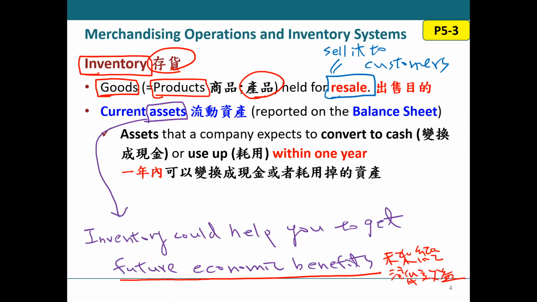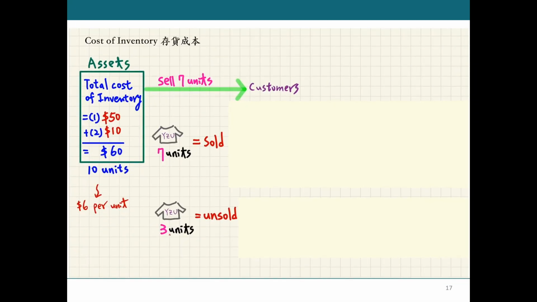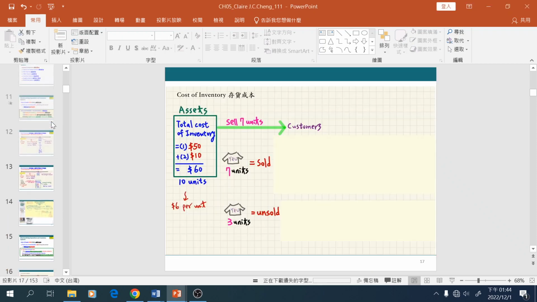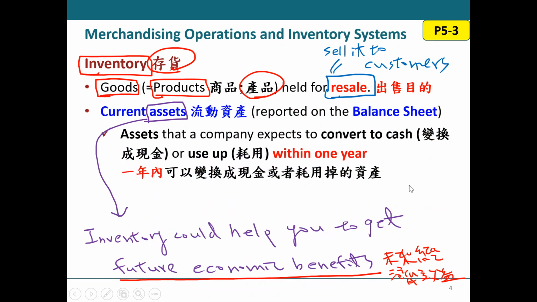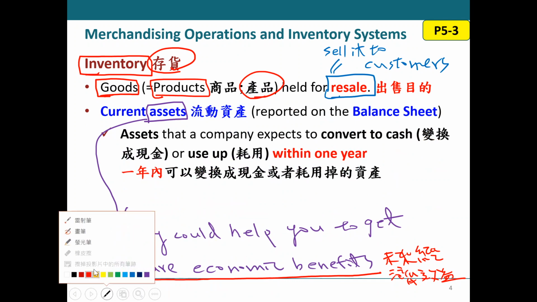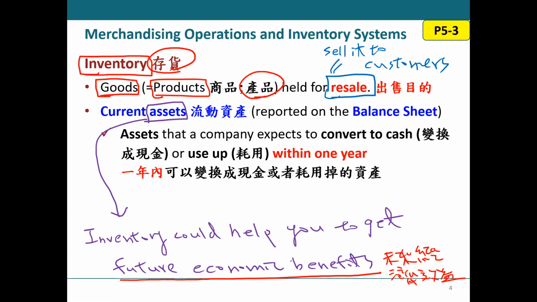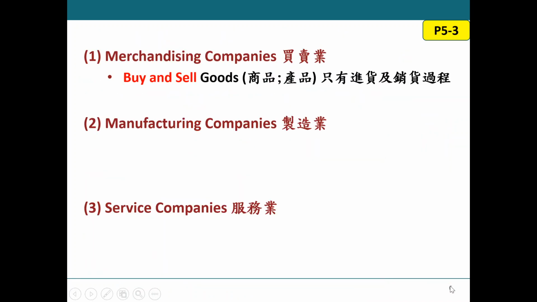When you sell inventory to customers, you will get some money back, to get the cash back. Okay, so that's why that's your asset.